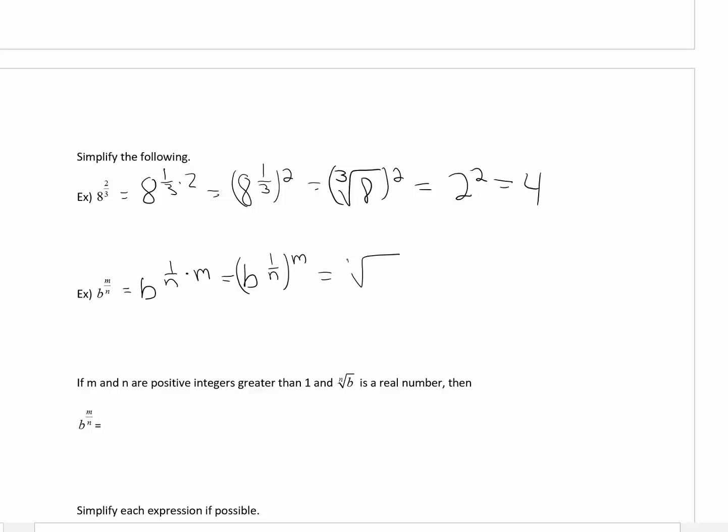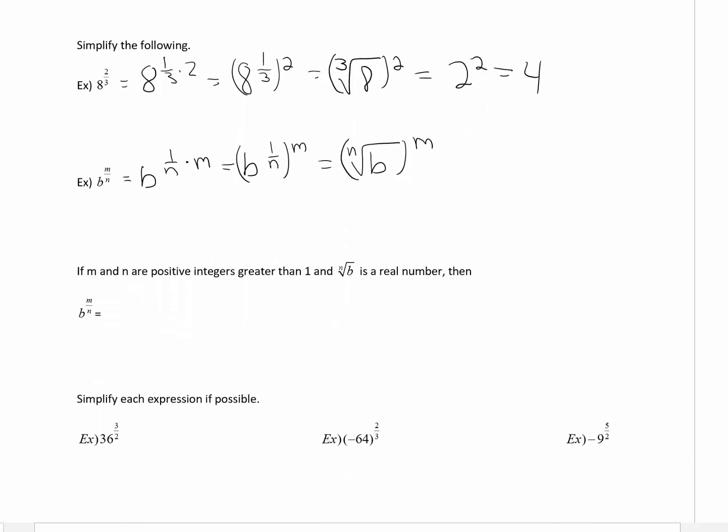That is this. So, in general then, if m and n are positive integers greater than 1, and the nth root of b is a real number, then this expression can be rewritten as the nth root of b taken to the mth power.